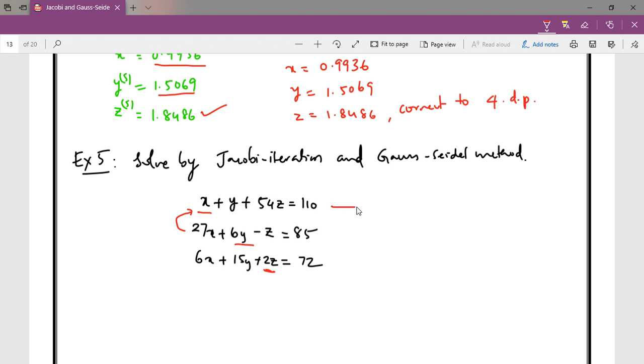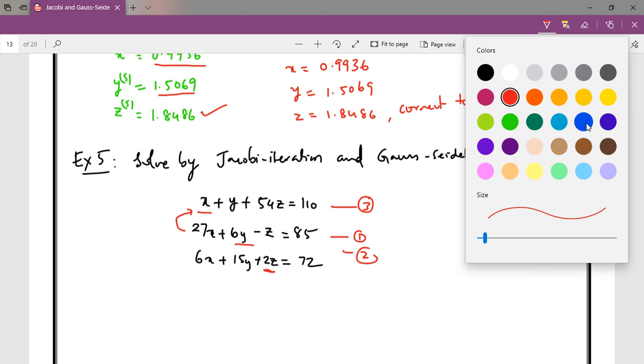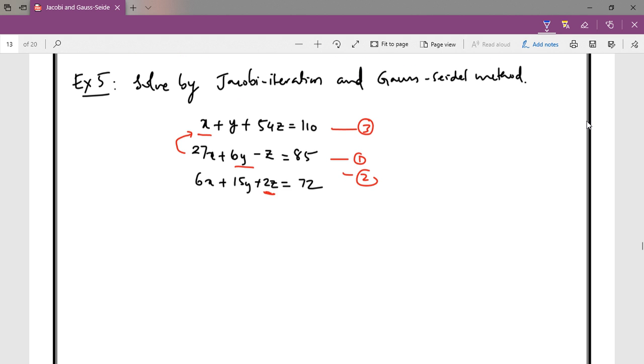It is much more. We can take it as the third equation, so we can take this as the third equation, and this as the first equation, and this as the second equation, and we rewrite this. Then we can see that the system will be diagonally dominant. Then we can proceed to the iterative method.